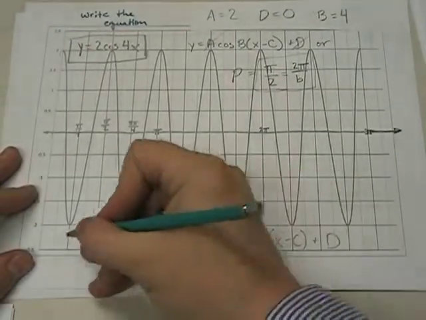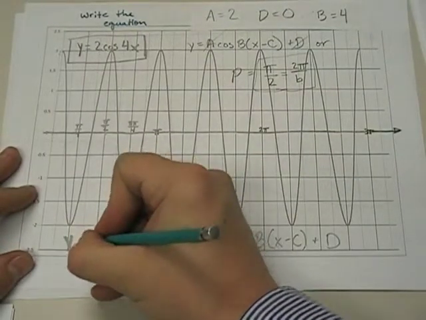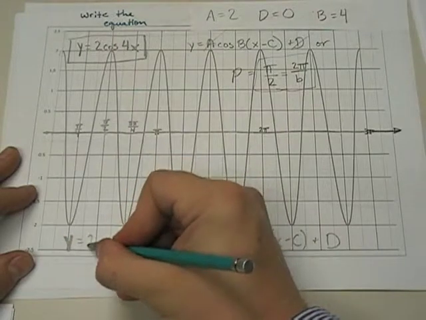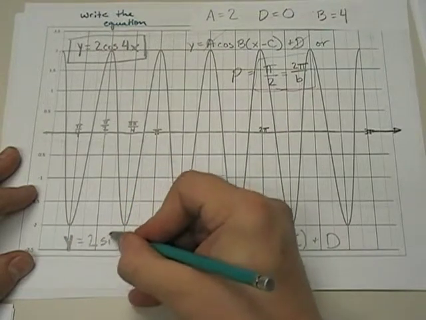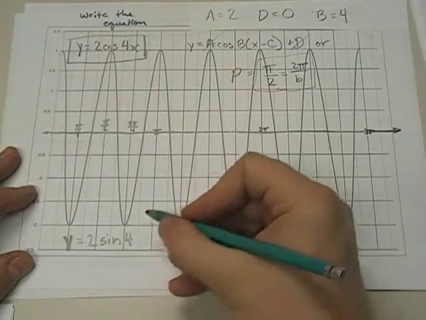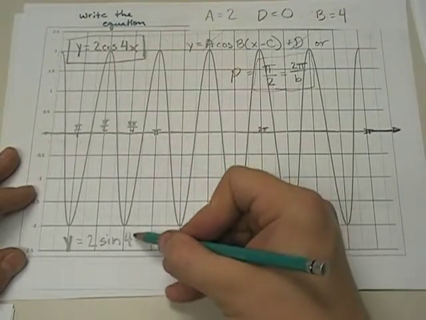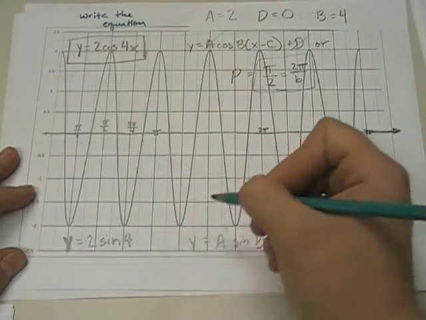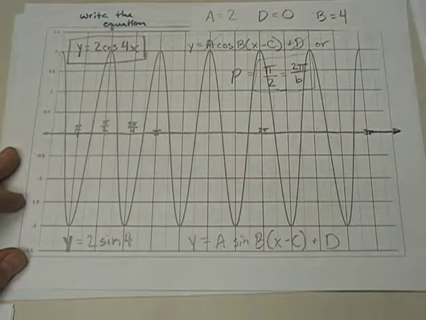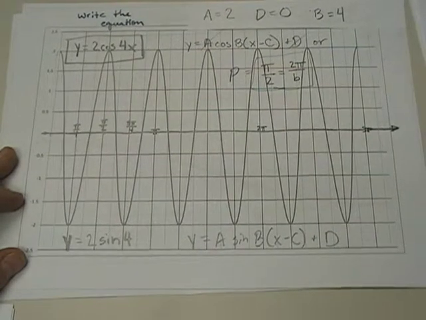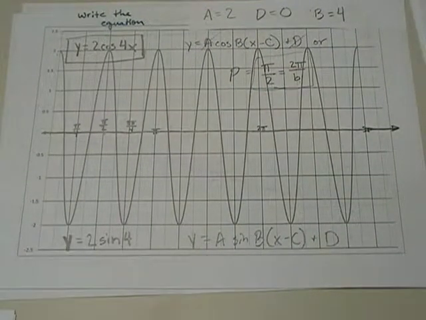All right, now, the first thing you realize is this. A has not changed. B has not changed. D has not changed, but C has changed because sine and cosine are simply functions that are translated left or right of each other. Okay?